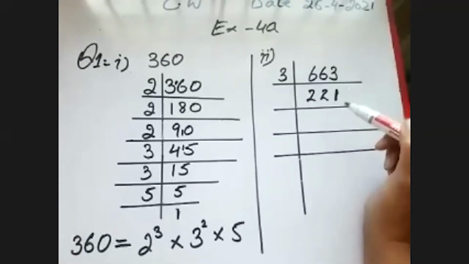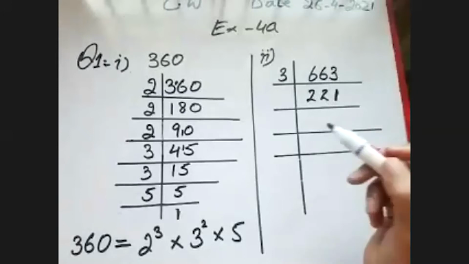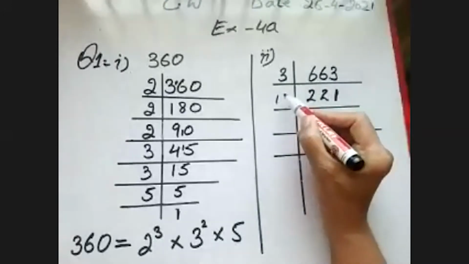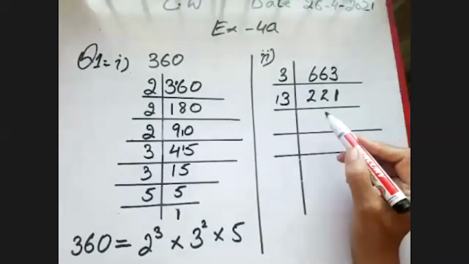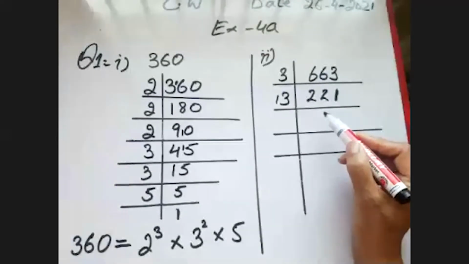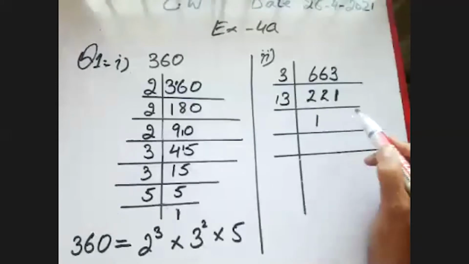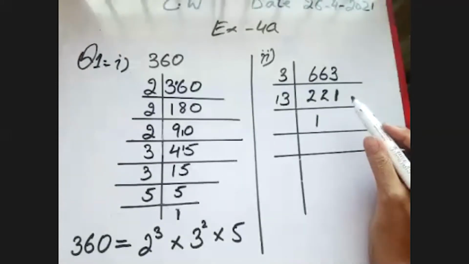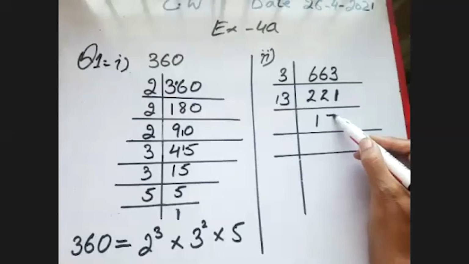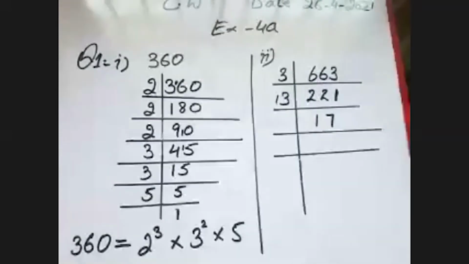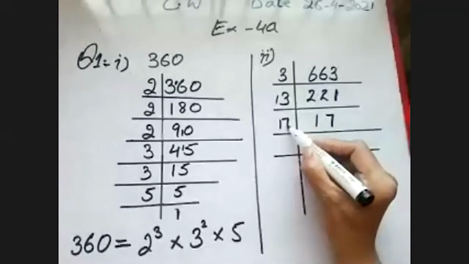So it is divisible by 13. 13 1s are 13, and 13 sevens are. Then 17 is a prime number, 17 1s are 17.